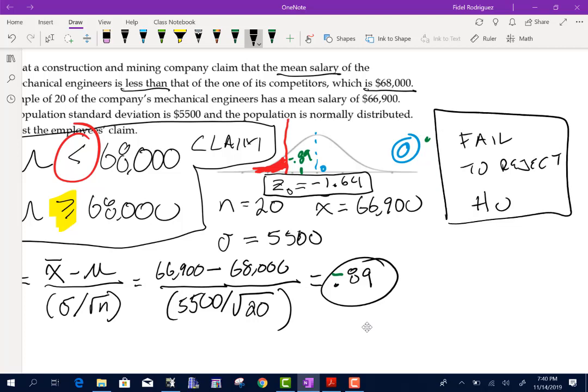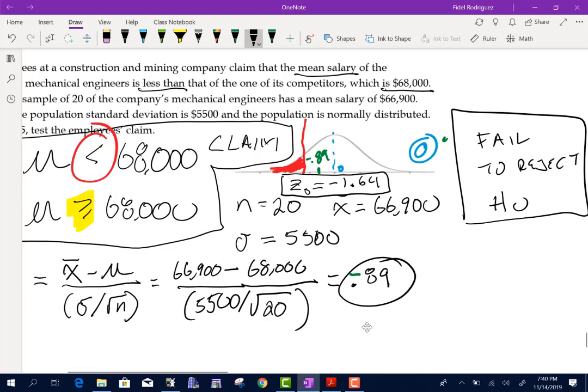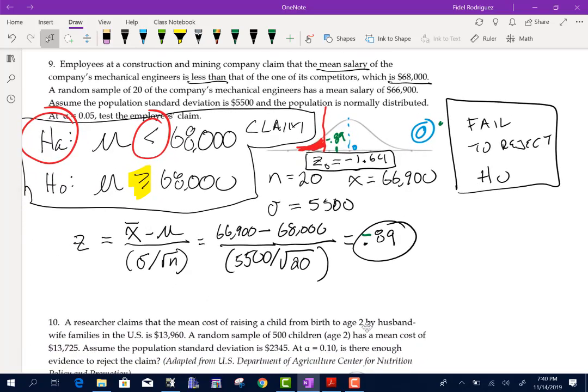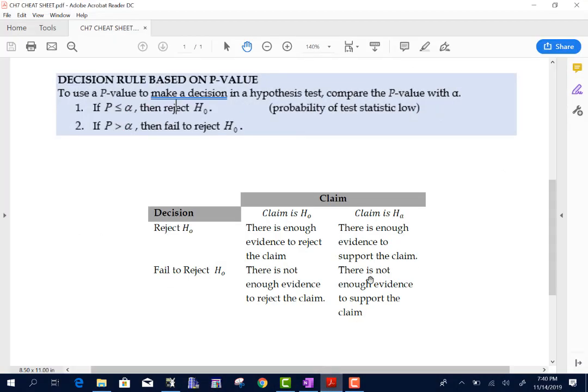Now that we know we're going to fail to reject the null hypothesis, we have to figure out what we are going to conclude. Let me pull up the other part right here. So we're going to fail to reject, and we know we're going to either look at this one here or at this one over here.